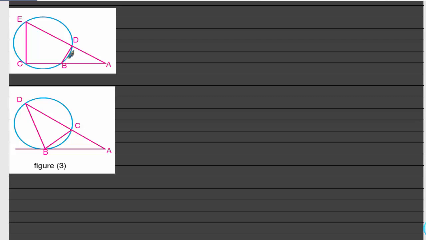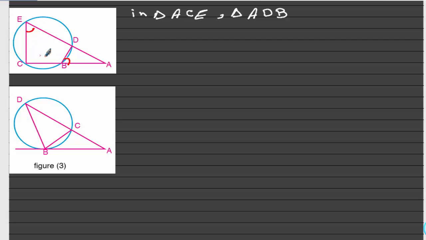Let us consider the two triangles ACE and ADB. Here we have measure of angle B equals measure of angle E.